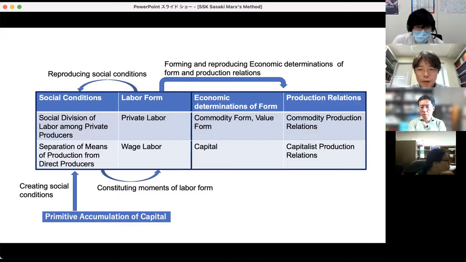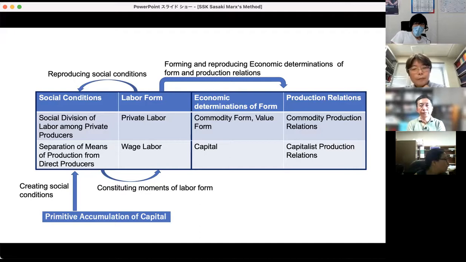This is a little complex, rather very complicated, but clearly, Marx repeatedly wrote that the starting point is labor, our production.